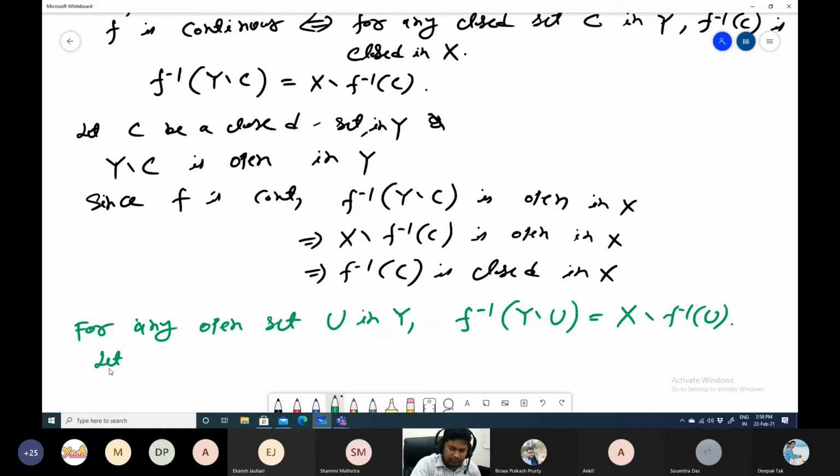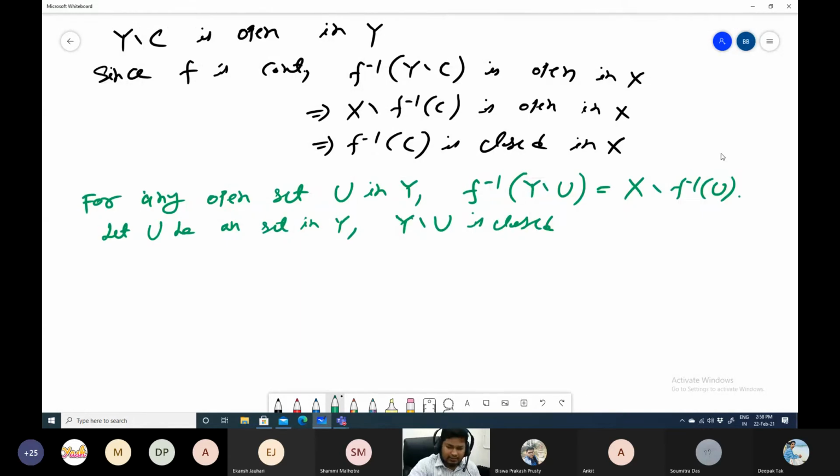Now we need to prove that f is continuous, right? Now let U be an open set in Y. Then Y minus U is closed.